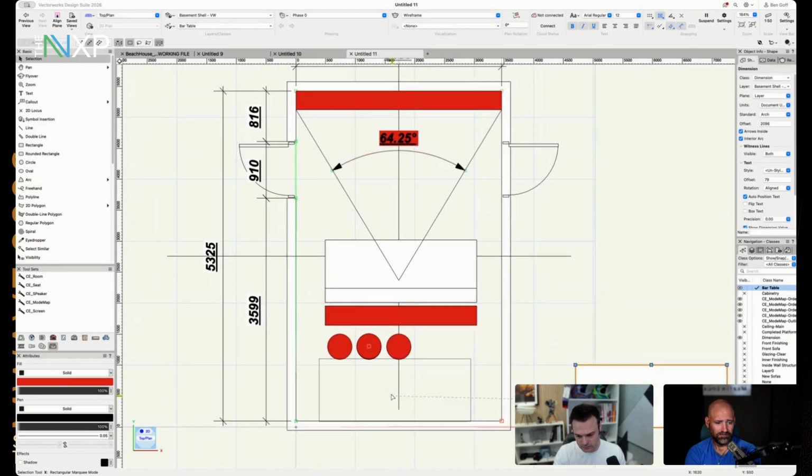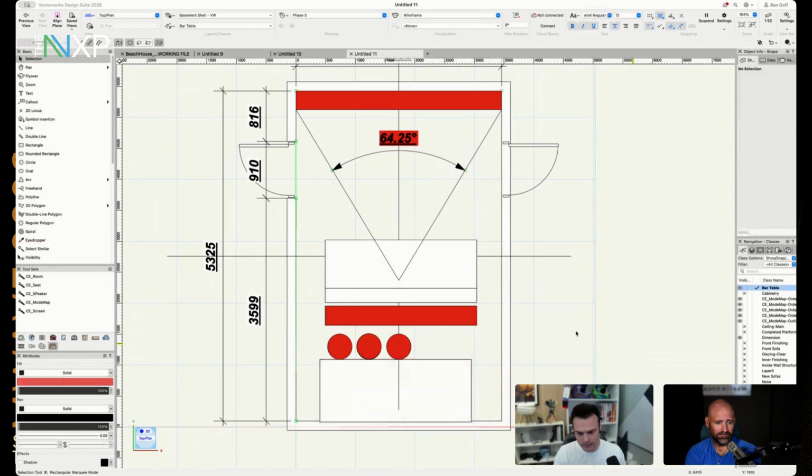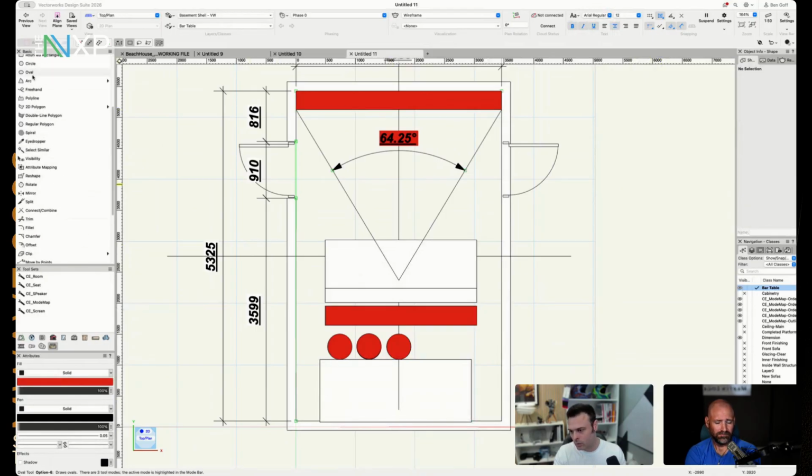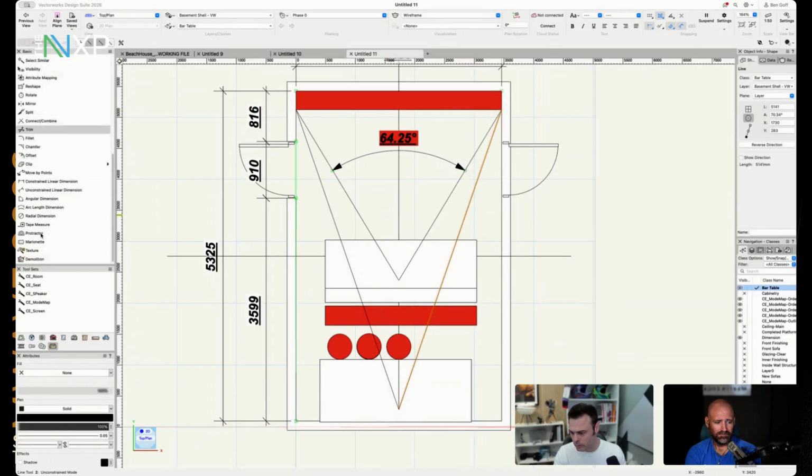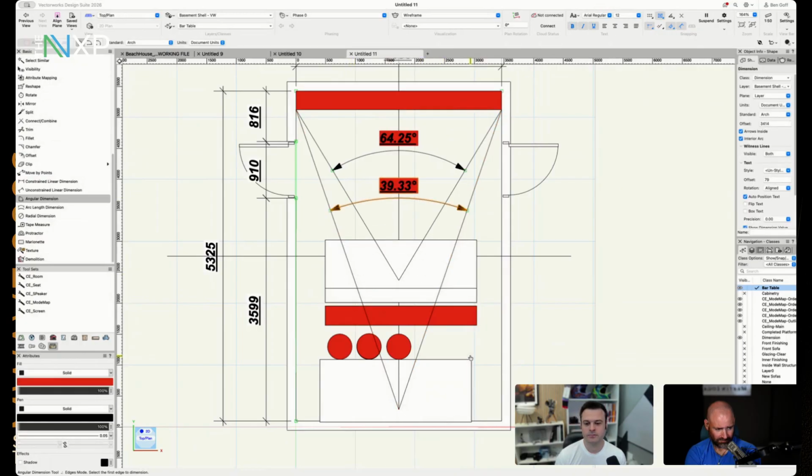If we did have it right back here, and we've gone with the biggest screen we can possibly fit, we end up with a viewing angle of, where are we at? Angular dimension. 39. Okay, so we're about 40. It's right on the limit of what I could live with.